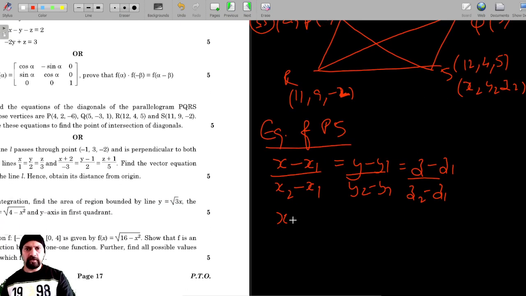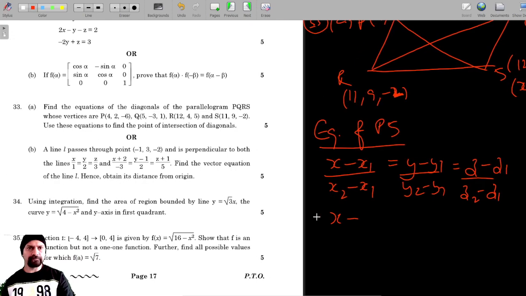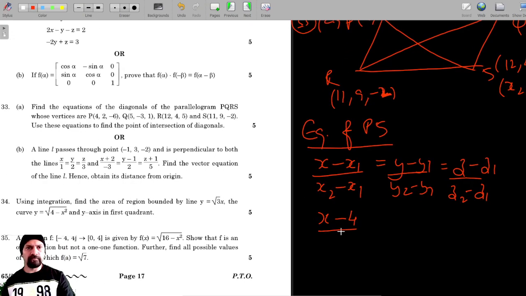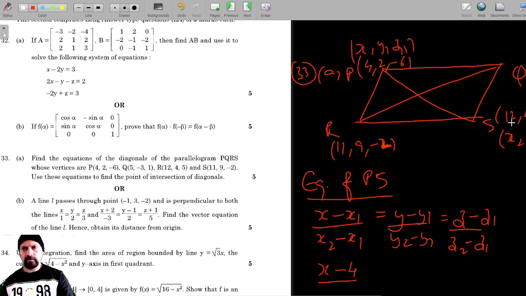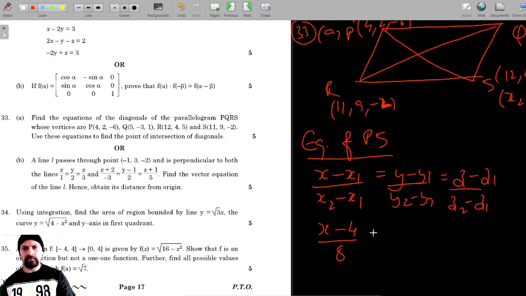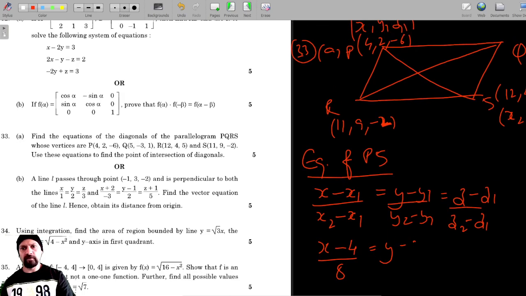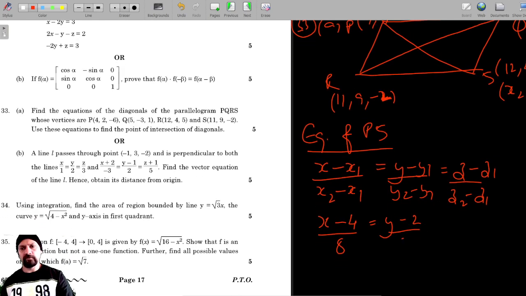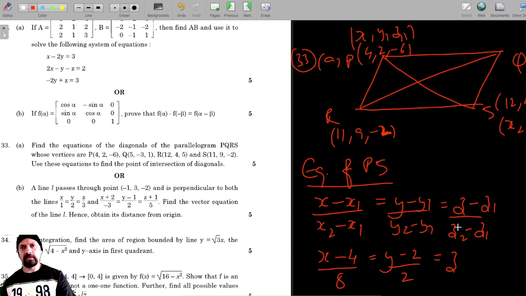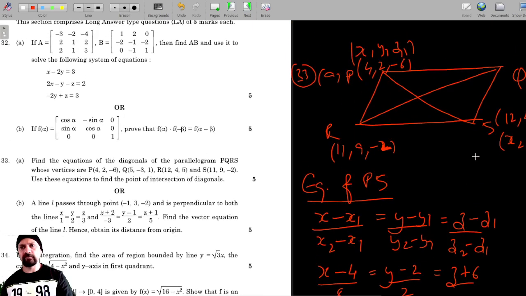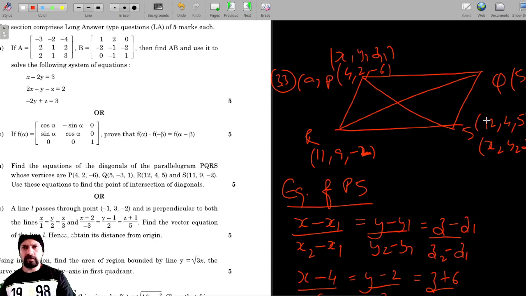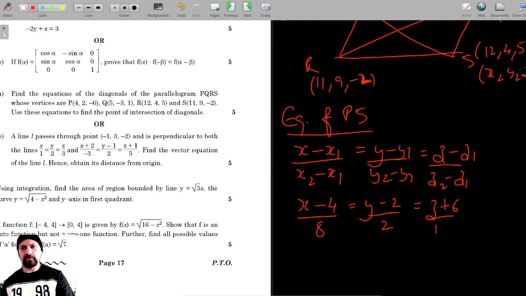So this is now x minus 4 upon 12 minus 4, which is 8, y minus 2 upon 4 minus 2, which is 2, z minus z1, which is plus 6, so this is z plus 6 upon 5 minus minus 6, which is 11. This is the equation of the diagonal PS.